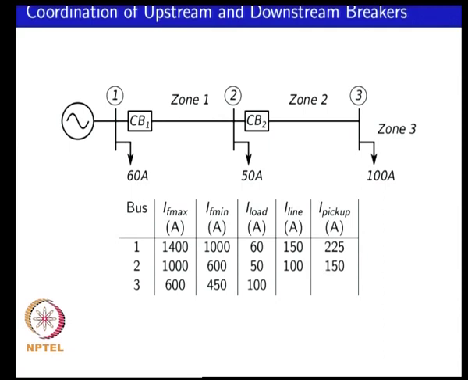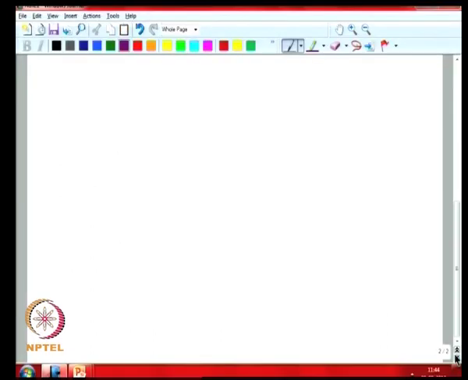So, we started with the data regarding the circuit breakers. The circuit breakers have a definite time delay of 40 milliseconds or 2 cycles.